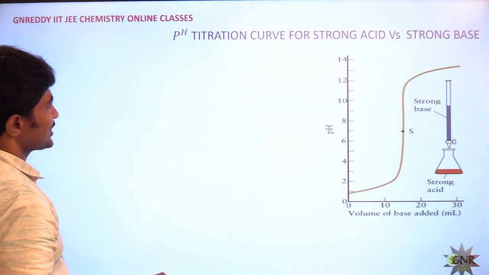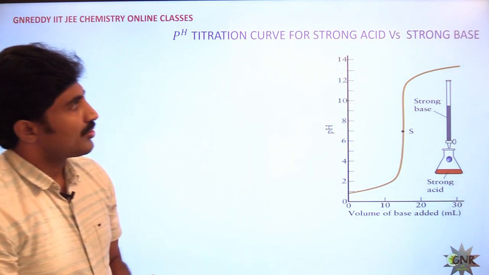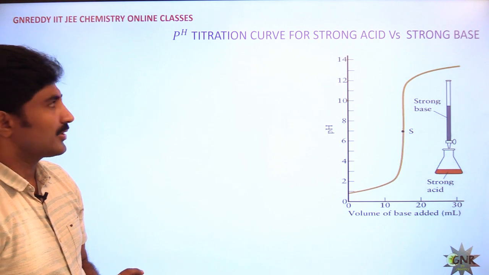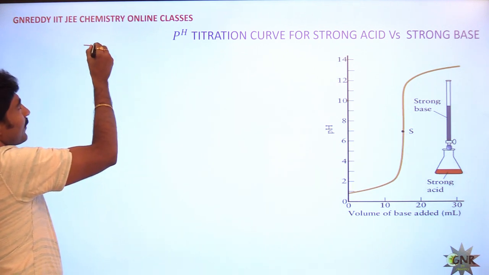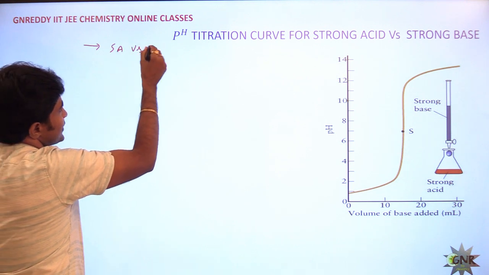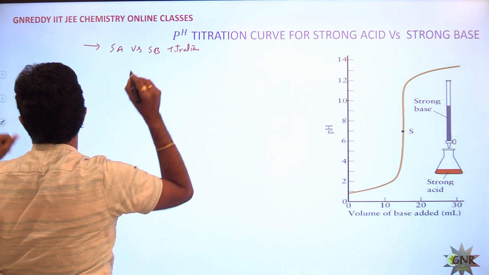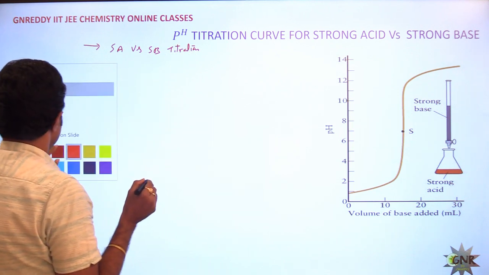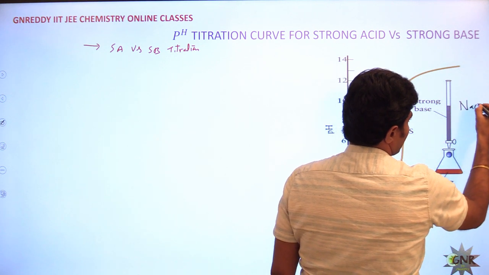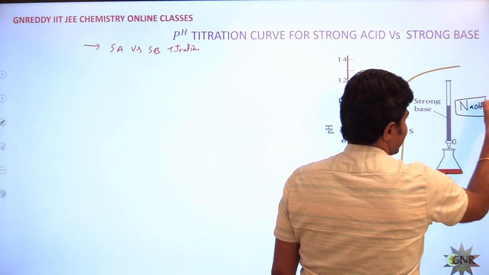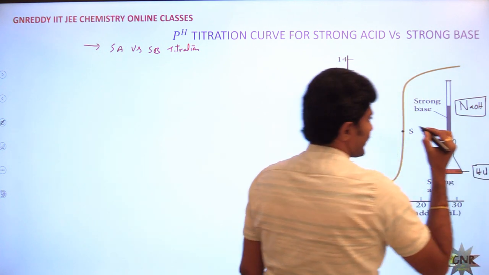Anyway, here I am going to explain the first curve, strong acid versus strong base titration. As an example, I am taking sodium hydroxide in this burette, and in the conical flask I am taking HCl.